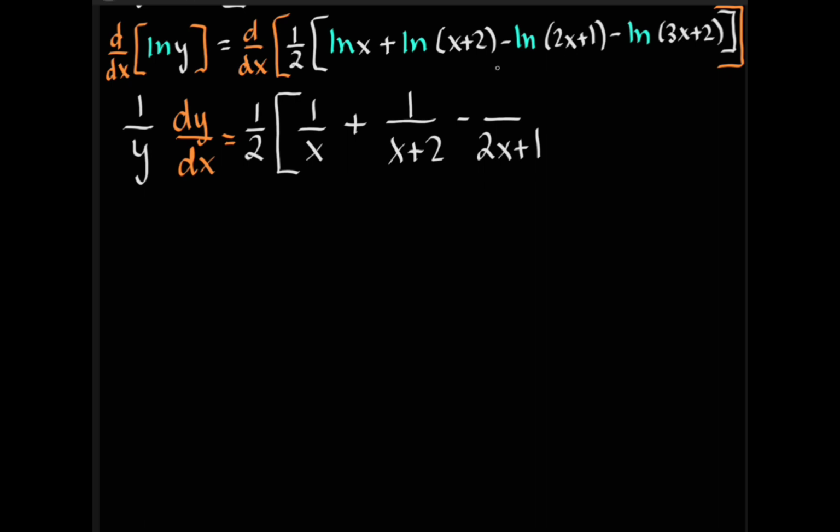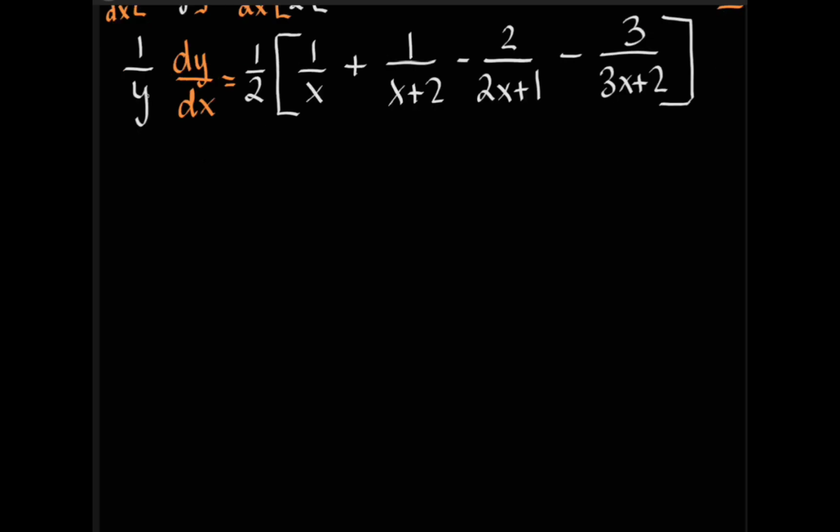So we're going to multiply this numerator by 2. The last term is minus ln of 3x plus 2. Its derivative is going to be minus 1 over 3x plus 2 times the derivative of 3x plus 2. The derivative of 3x plus 2 is 3, so I'm going to go ahead and put that in the numerator.